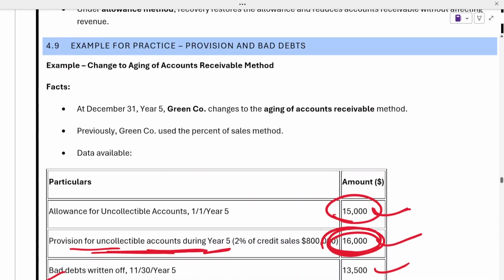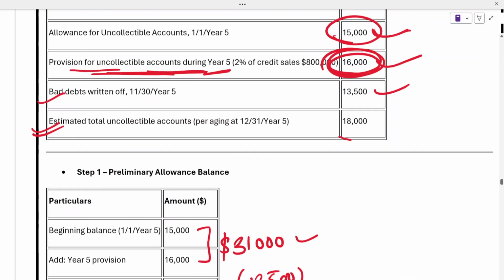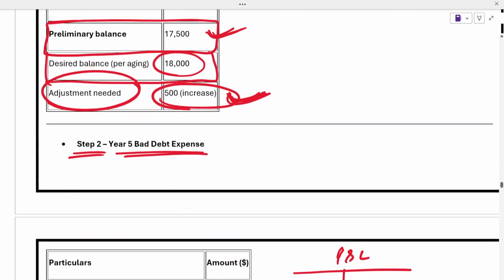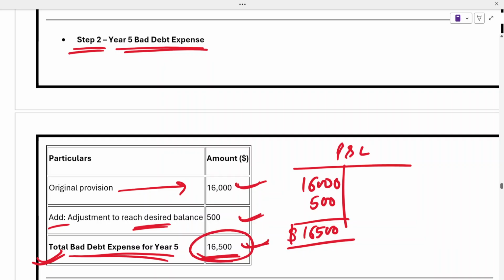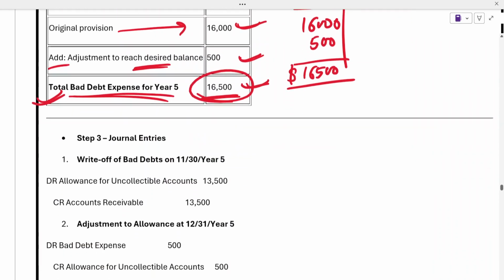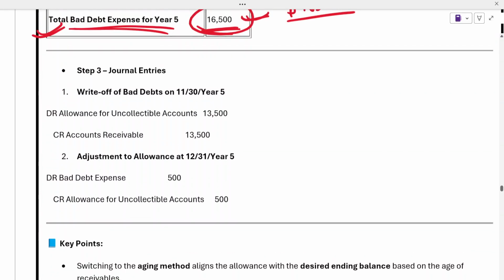Because of change of method, and based on change of method the final provision needed was 18,000. So we created this 500, and how will this 500 be created? This additional 500 is created from our P&L account. So basically our total bad debt expense for that particular year through our P&L is 16,500. Okay.